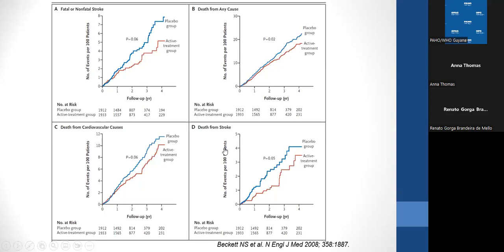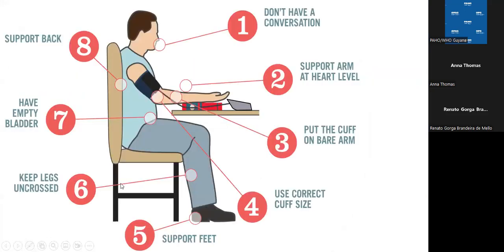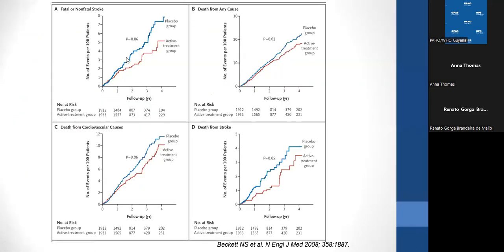And the results were very clear, showing a significant reduction in the incidence of death from cardiovascular causes, death from stroke, and decreasing by more than 50% the incidence of heart failure.